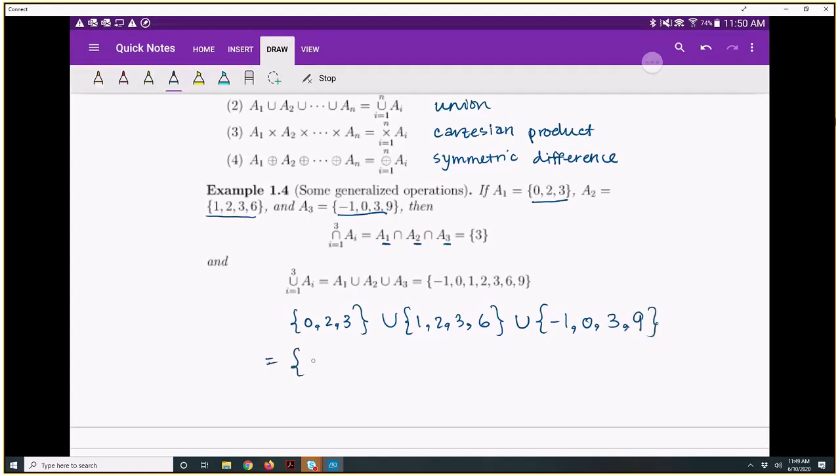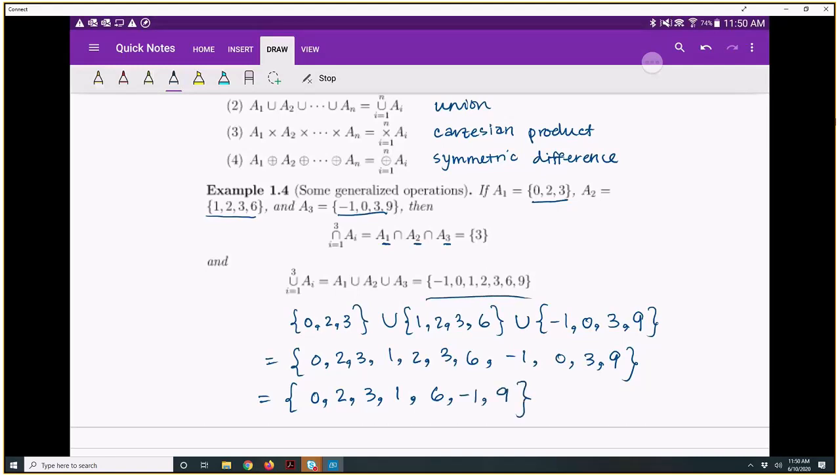And that's going to be the set that now includes all of their elements. But I know that when I'm talking about sets, if an element appears more than once, I only have to write it once. So this will be {0, 2, 3, 1, 6, -1, 9}. Exactly the same set we have above.